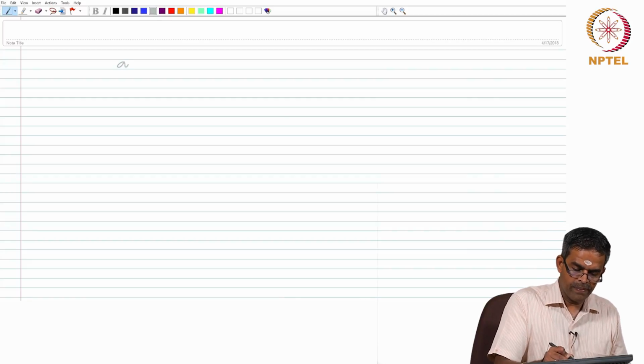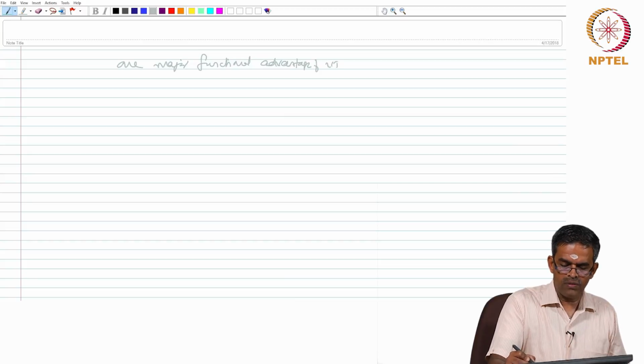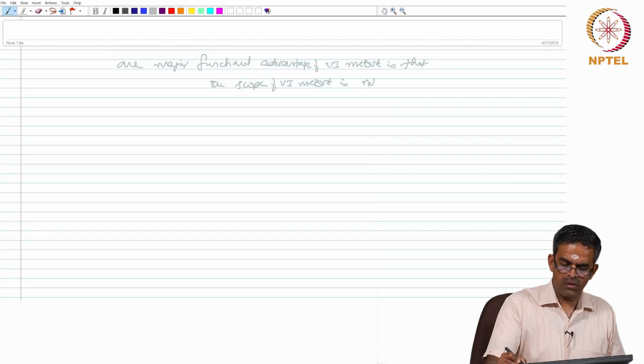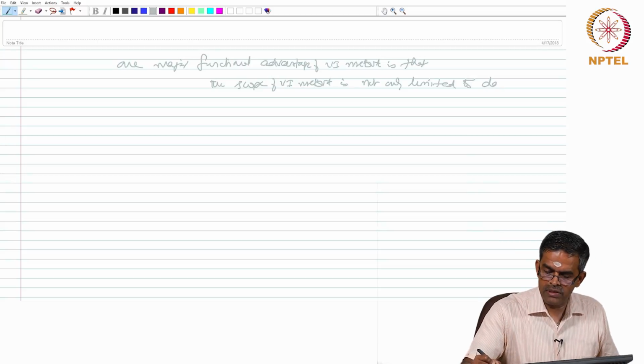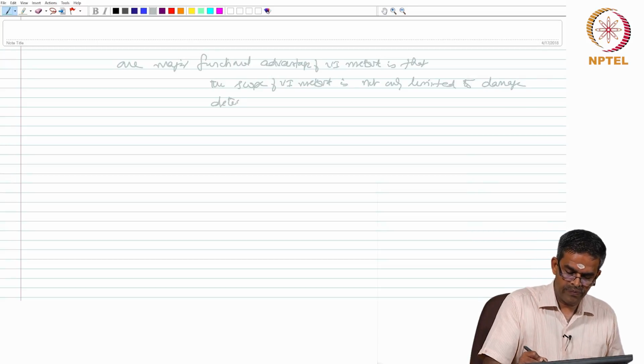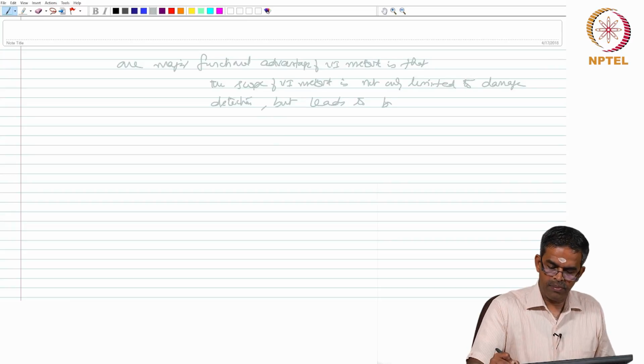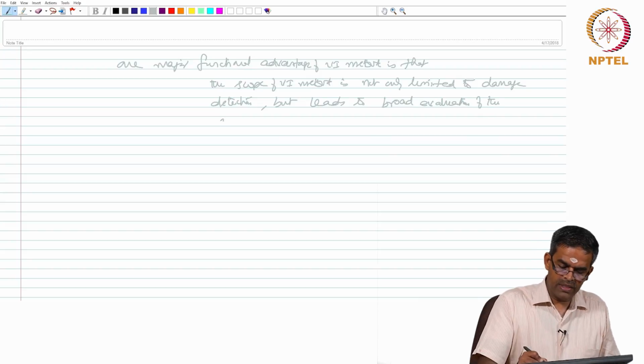But interestingly, one major functional advantage of visual inspection method is that the scope of visual inspection method is not only limited to damage detection, but it also leads to broad evaluation of the complete structure.